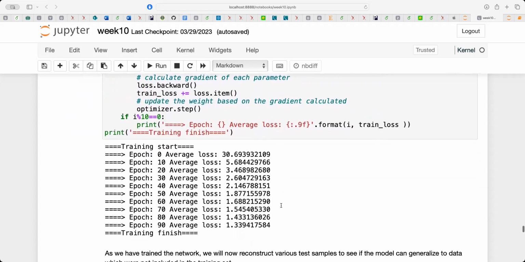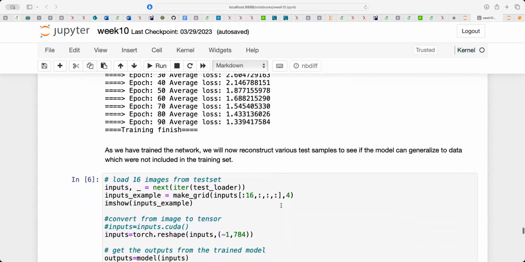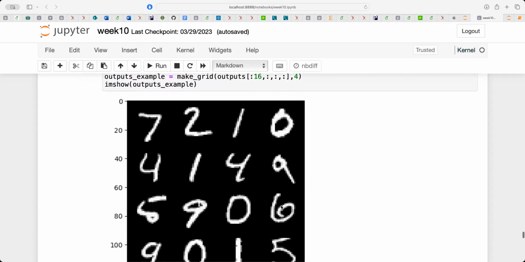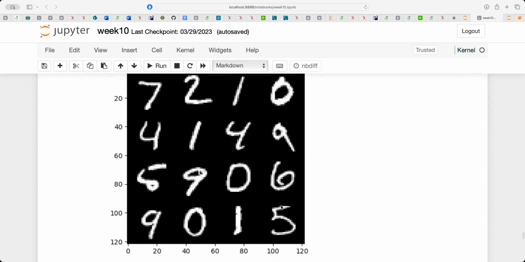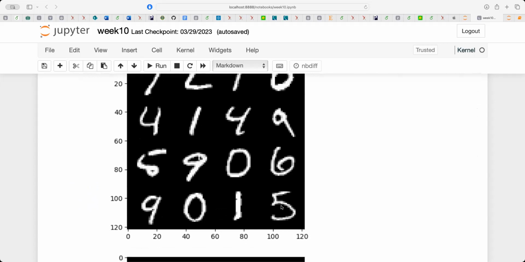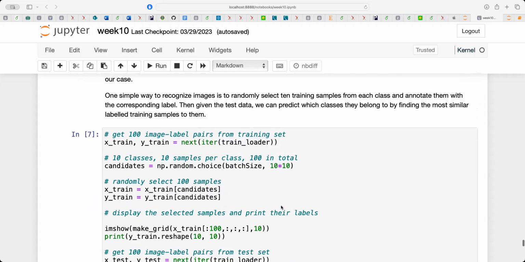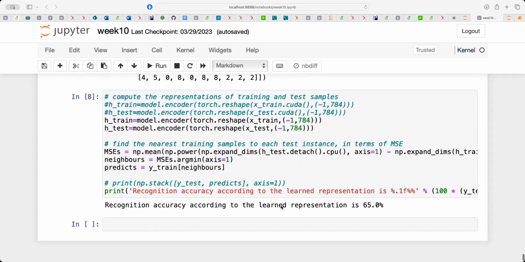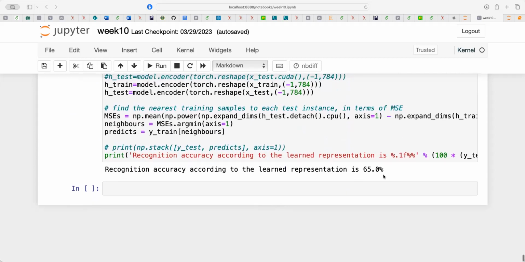And then do the training, calculate the loss functions, and then you can start looking at the outputs which you generate and how good they are or not. And then you can calculate the final reconstruction error at the very end. And in this specific case, the reconstruction error is not something you would brag about. It was something like a 65% recognition, which is not very good, but I've actually reduced my dimensionality considerably.